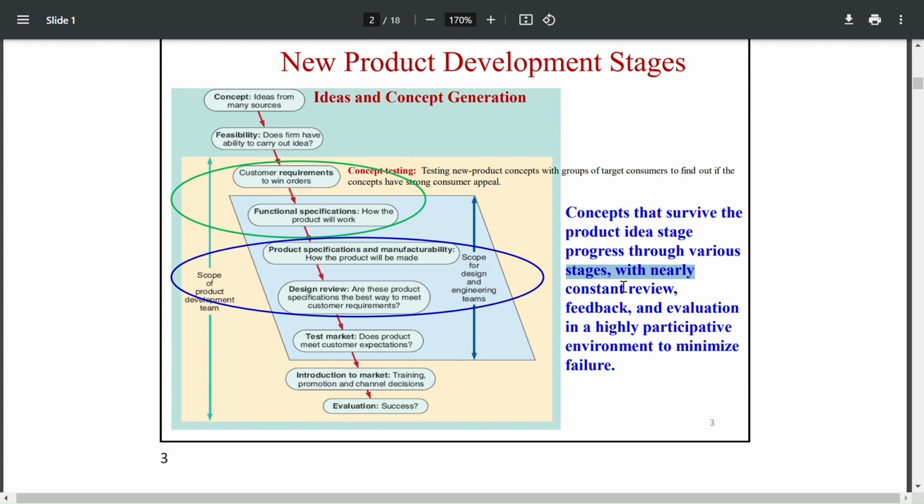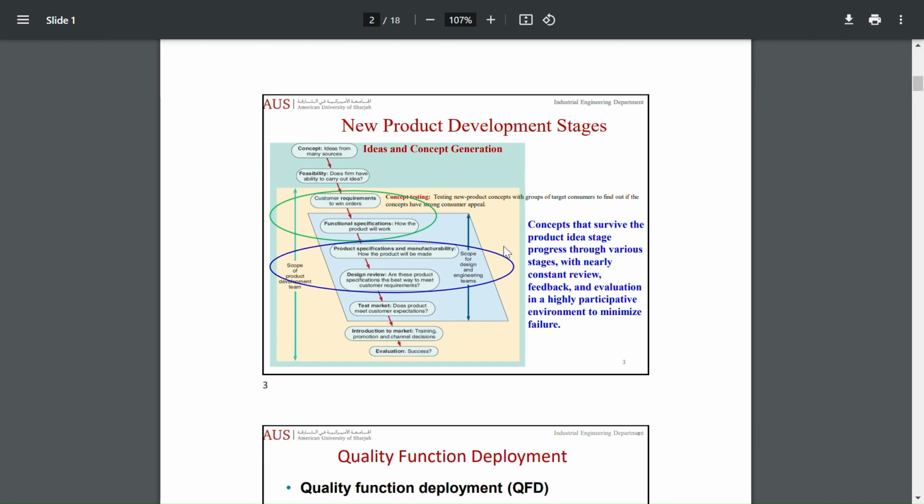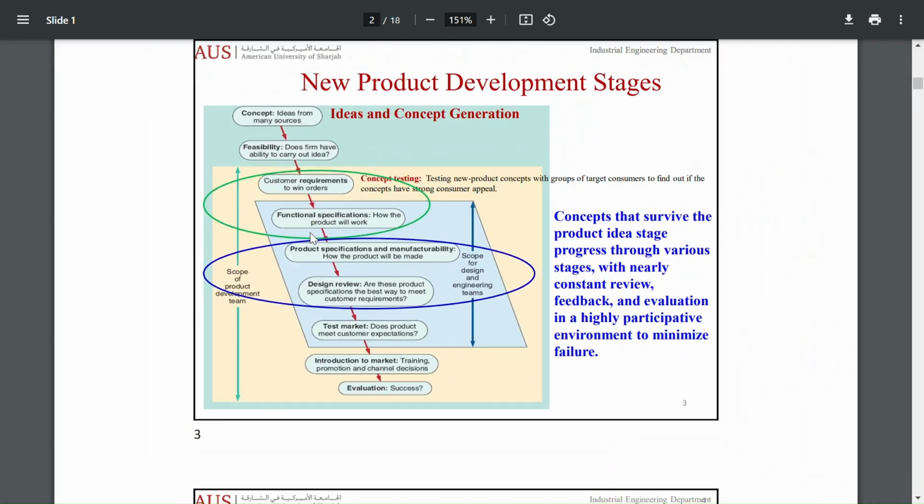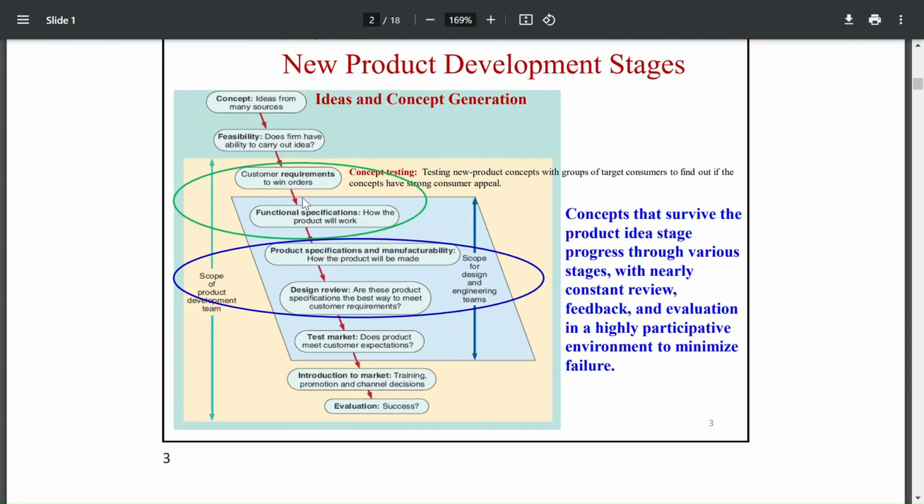We need to make sure this product is appealing and also practical and feasible. So if we say it's feasible and practical and consumers want it, then we can go for it.